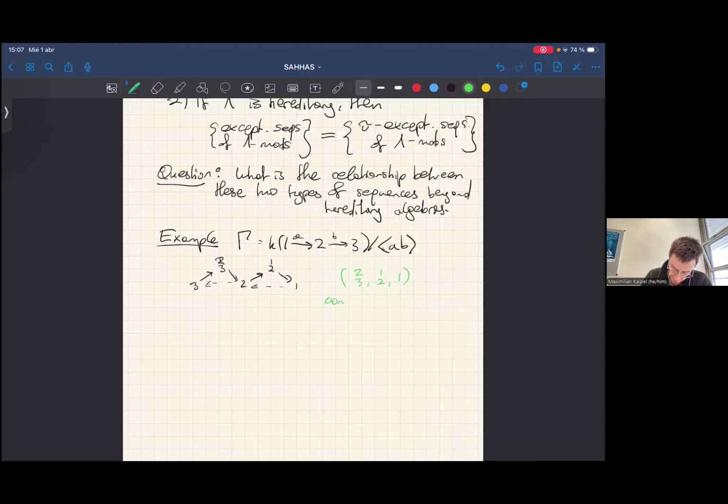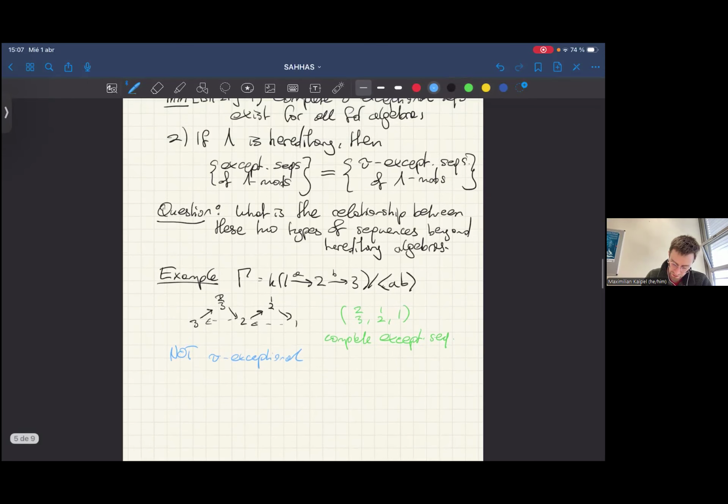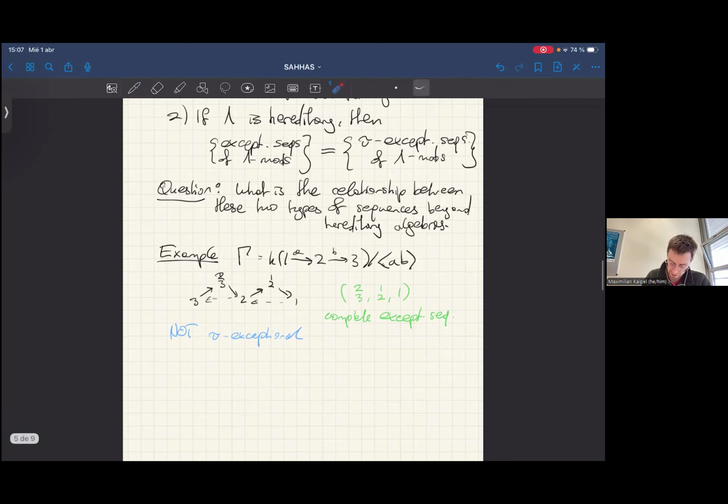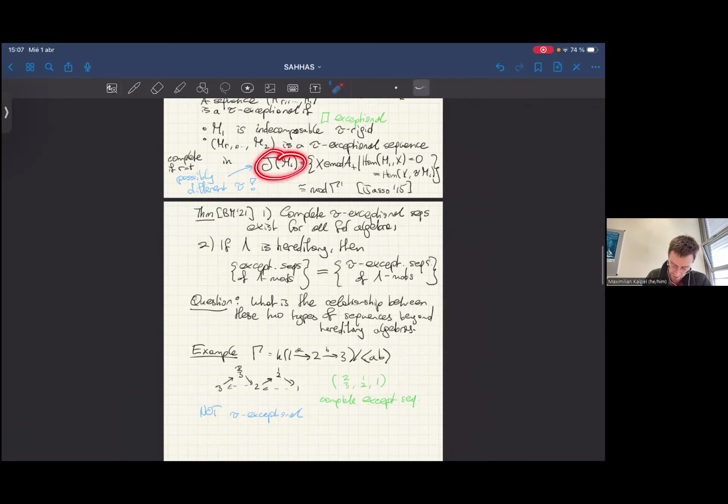This is a complete exceptional sequence, but it is not tau exceptional. Why not? Well, we need that the objects on the left lie in this kind of J subcategory.